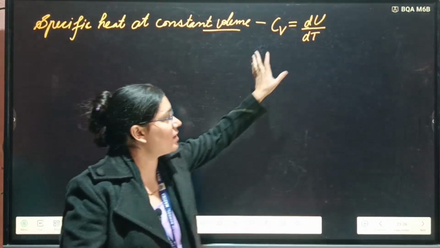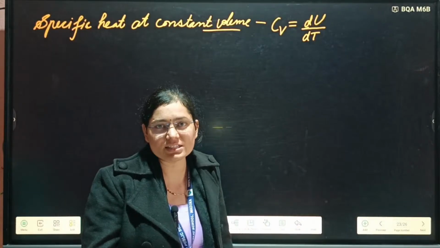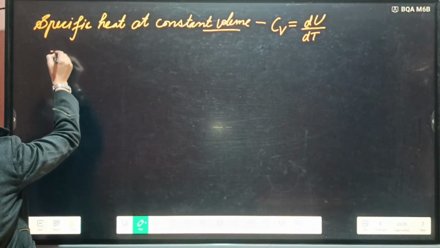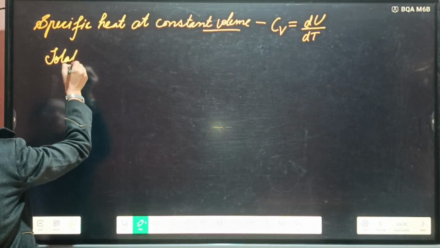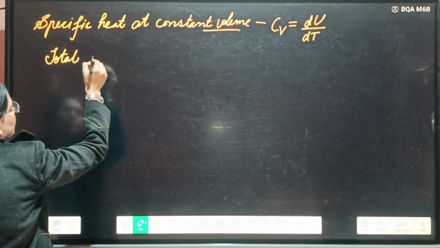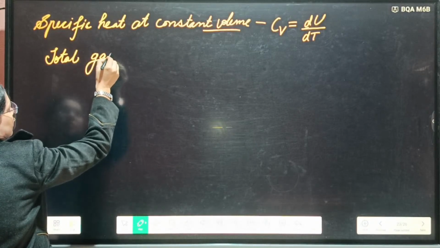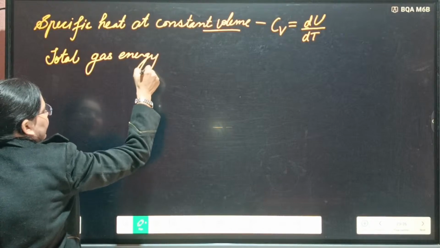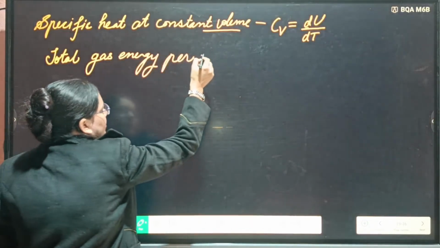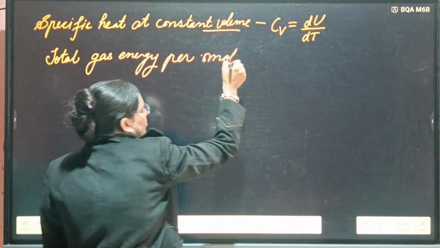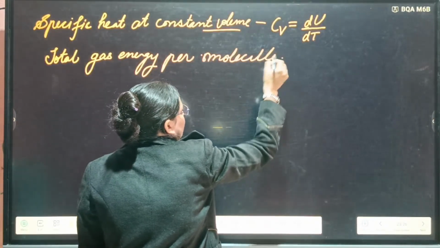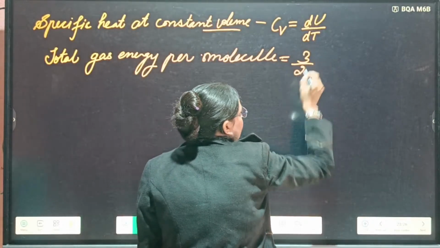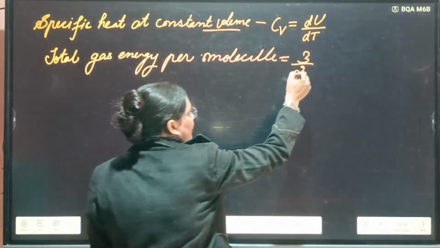So first we will find CV. How can we find CV? For this, the total gas energy, the kinetic energy per molecule per degree of freedom, will be equal to 1/2 kBT, not 3/2.